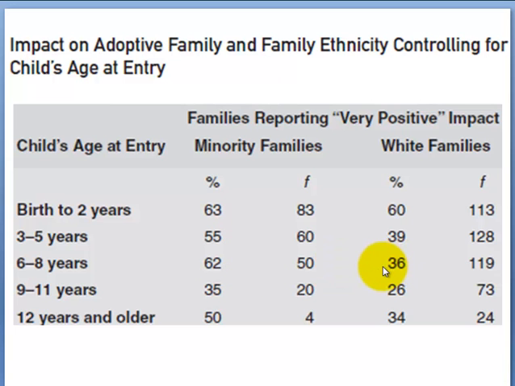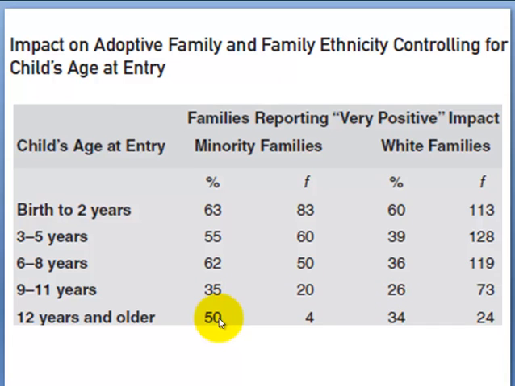What about in the 6 to 8-year-old group? Again, the same thing. Actually, even a larger difference in percentages, a difference of 26% here, 62% versus 36%. And in the 9 to 11-year-old group, again, the pattern is for a higher percentage of minority families to respond very positive.